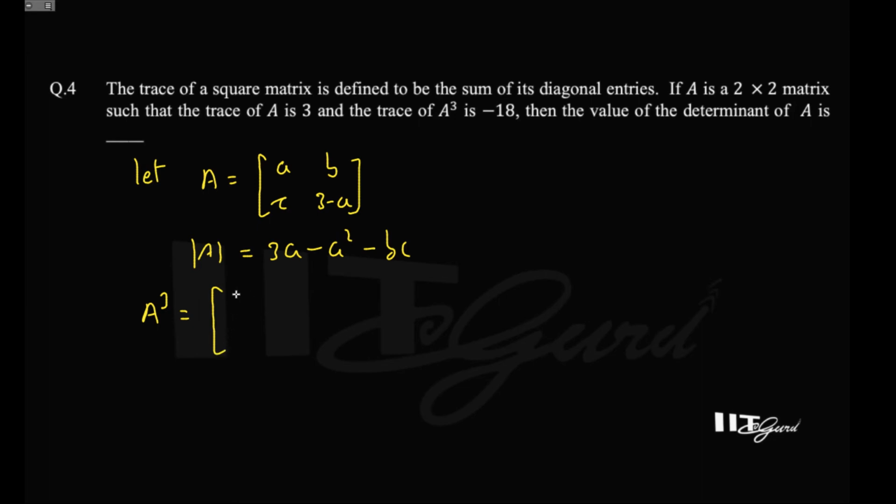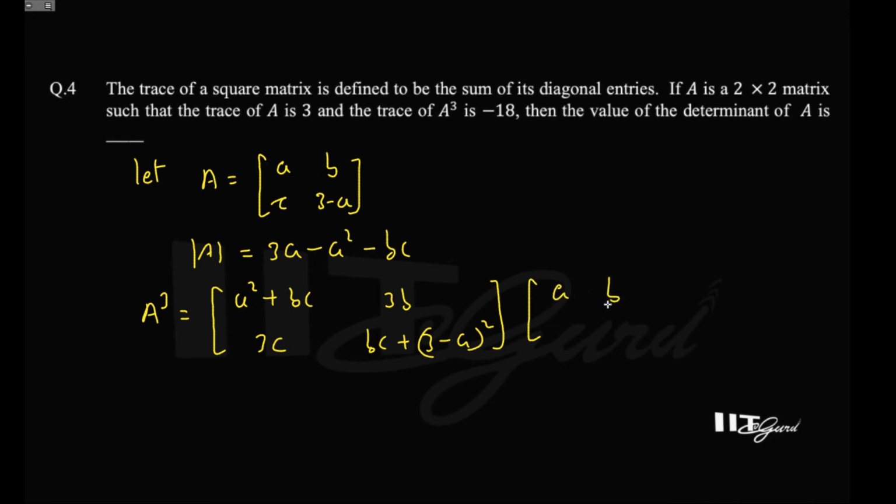First of all, you have to solve A square, and then A multiplied with this A. So A square you can calculate over here: that is a square plus bc, and then 3b, and here 3c, and bc plus (3 minus a) whole square. This is the A square matrix, and when you multiply with A, you will get A cube.